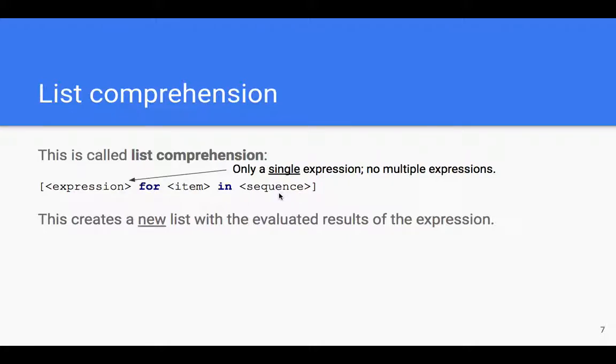A couple of important things to know: the expression is singular, so you can only put a single expression there, so you can't really do very complicated operations on the elements. If you want to do something complicated, you can put a function here, right? A function call is an expression, but a single expression.